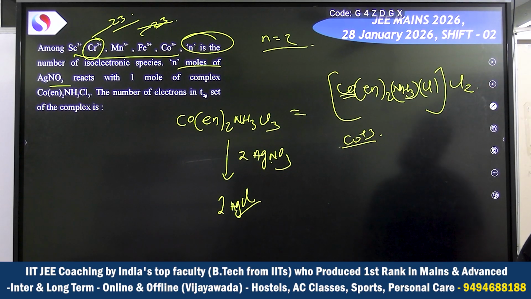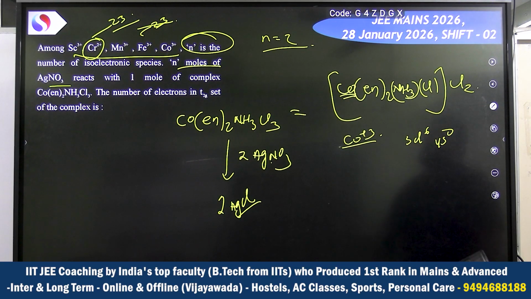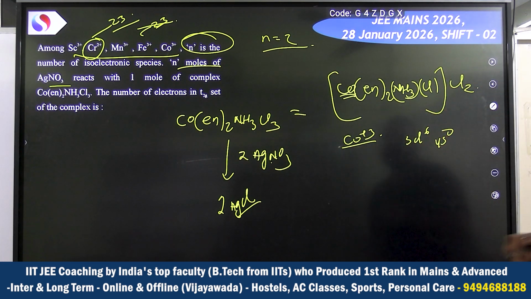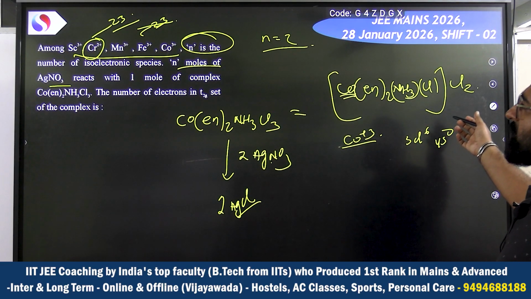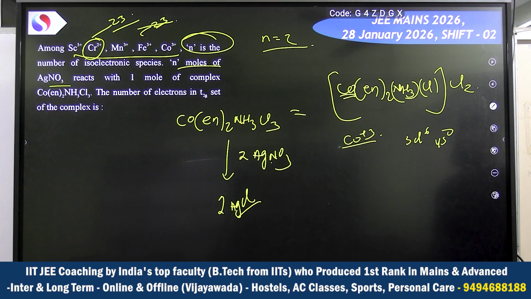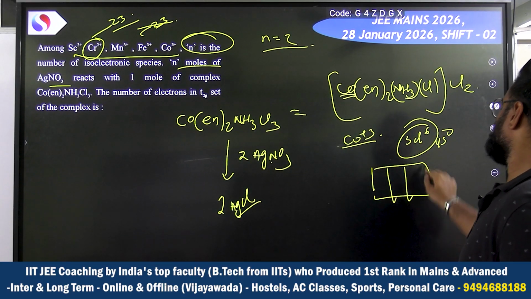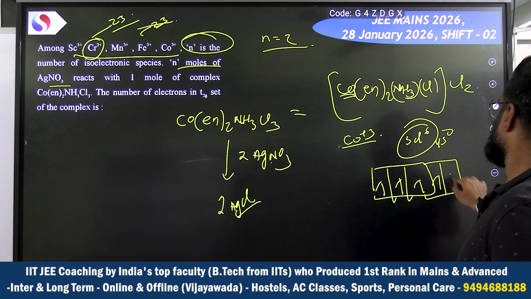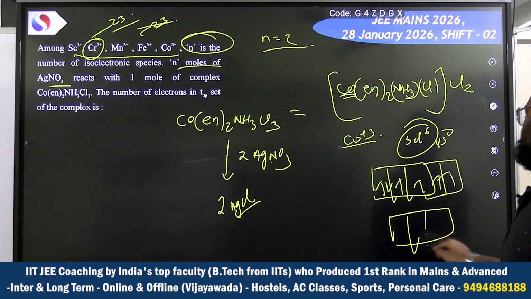+3 means it will be 3d6 4s0. Cobalt, nickel, copper, zinc are 27, 28, 29, 30. So 3d6, yes, 27, correct. The number of electrons in t2g is 6 electrons. It is 3d6, so this is 3d6. 1, 2, 3, 4, 5 and 6, and pairing will take place.